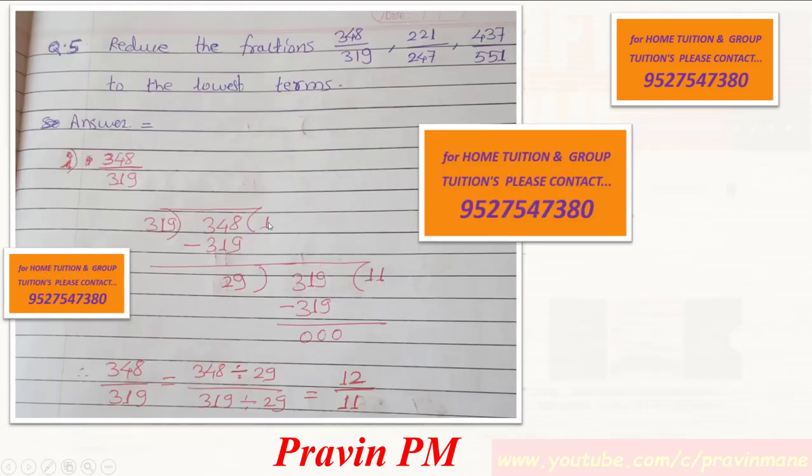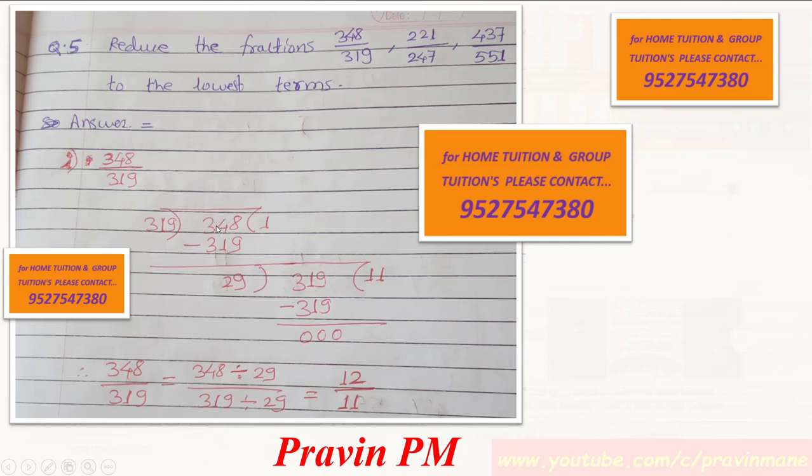Now question number 5. Reduce the fractions 348 divided by 319, 221 divided by 247, 437 divided by 551 to the lowest terms. To find the answer to such questions, first for 348 divided by 319, we will do the long division.